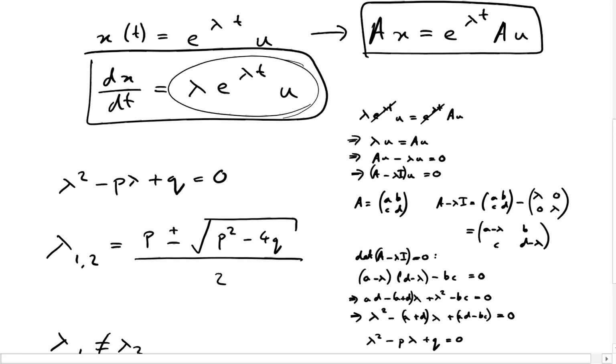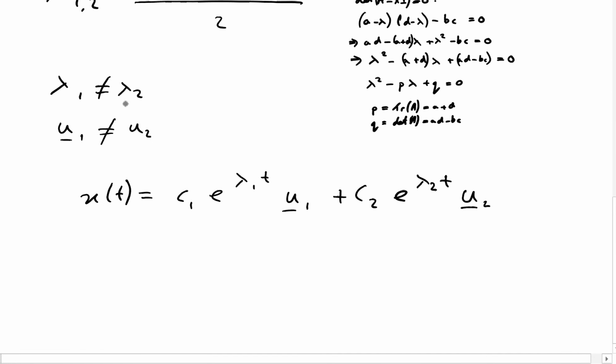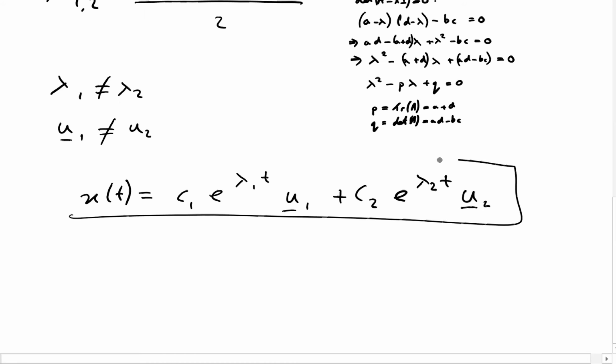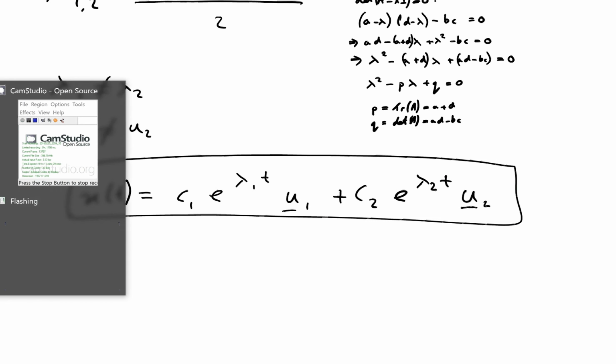So I know my solution is going to look like that. Basically, just by doing linear maths, I've shown that if the eigenvalues are not equal to each other, then the eigenvectors are not equal to each other, so I can write it as a linear combination like this. It's again just another proof in this video.